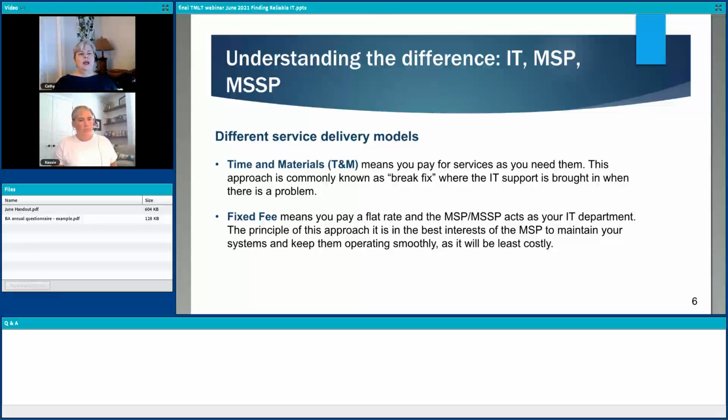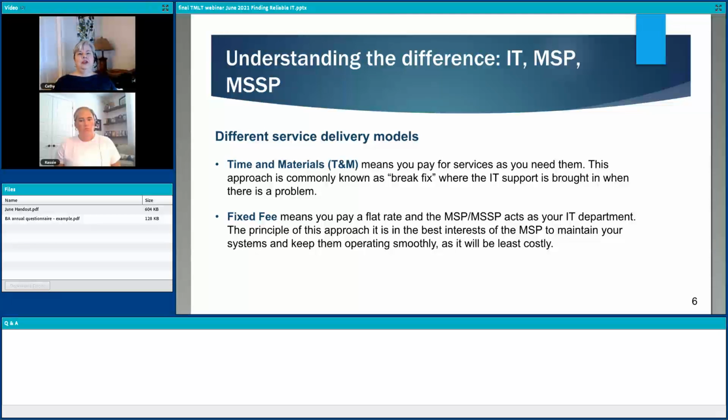Another name for this type of service delivery model is break-fix. This is literally where when something breaks, you have a group on standby that you call and they come in to fix the problem. The other type of delivery model is fixed fee.